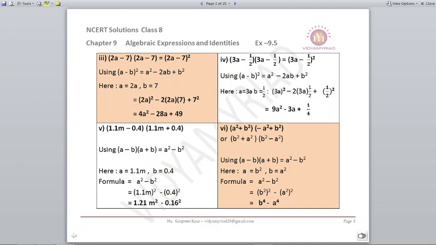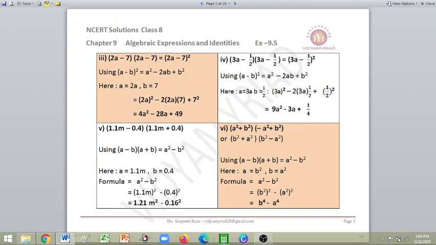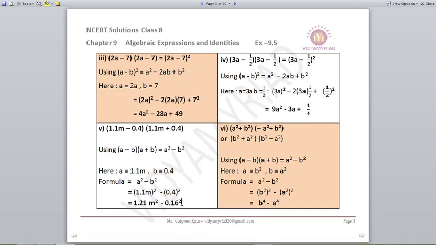Put it into the formula. So you get (1.1m) the whole square - (0.4) the whole square. So your answer comes out to be 1.21m square - 0.16.